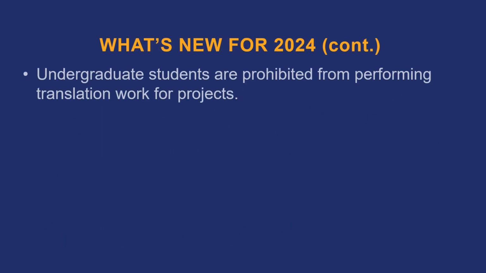Continuing on, some of the things that have changed since last year's guidelines. We specifically mentioned that undergraduate students are prohibited from performing translation work for projects. We've seen this come in with applications in the past where projects want to use undergraduate students, either in their coursework or as a member of the project, paid even, to do translation work.